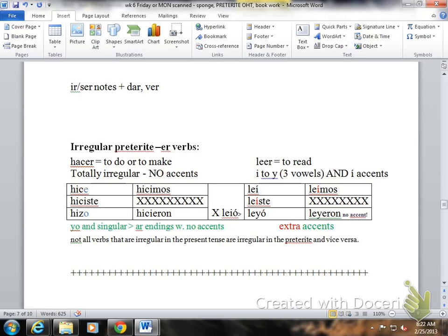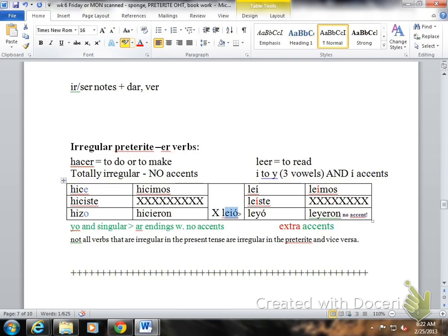Okay. For leer, this is where the three vowels in a row happens, only on the bottom two. LE is your stem. Then you do your regular endings, í with an accent, iste. When you get to the bottom, instead of doing leió, you're going to see that there's three vowels in a row there, and so you are going to make that from eió to leyó.